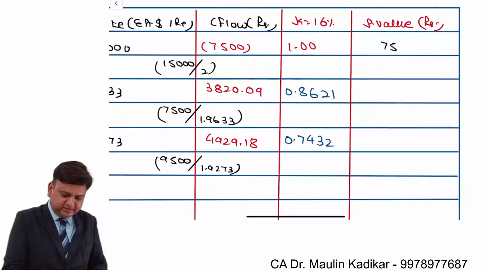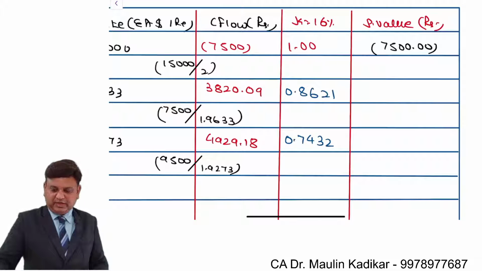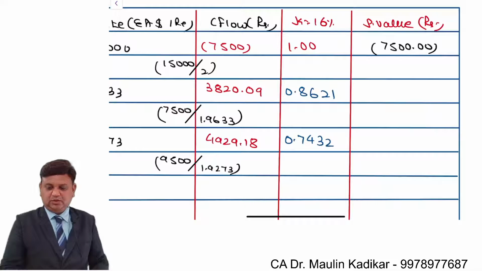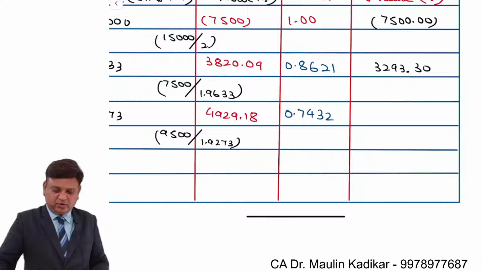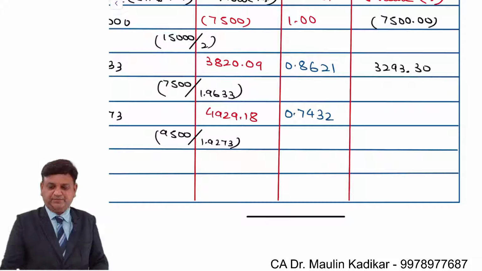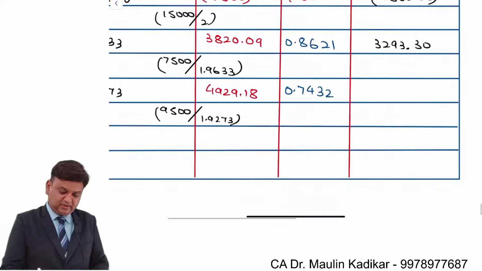7,500 into 1 is 7,500 because the year 0 factor is always 1. 3,820.09 into 0.8621 is 3,293.30. 4,929.18 into 0.7432 is 3,663.37.